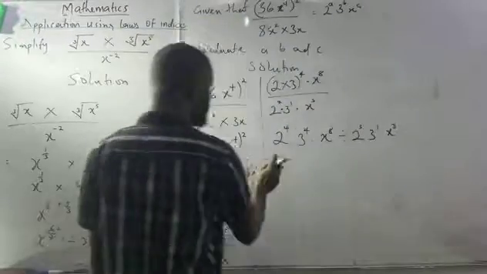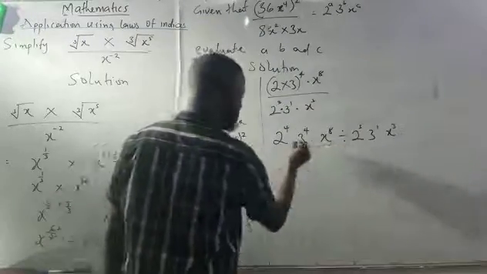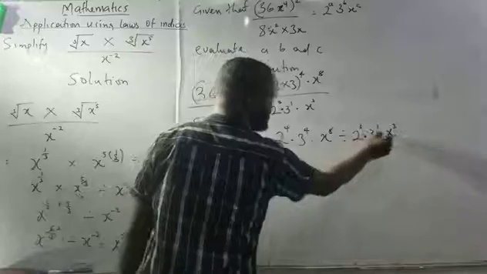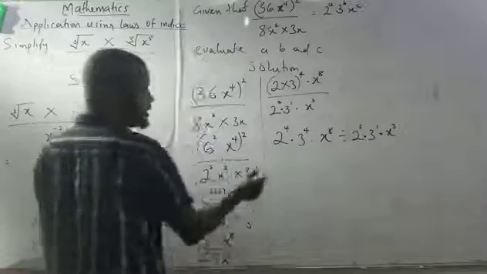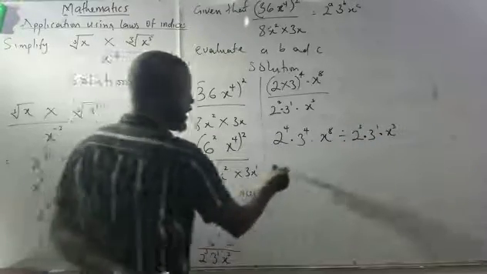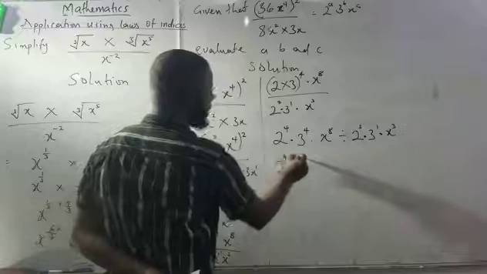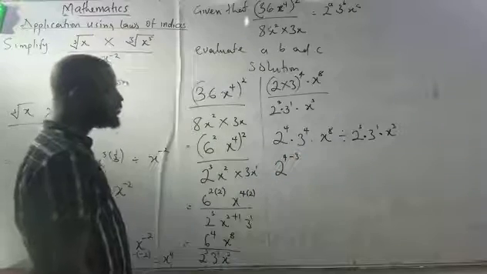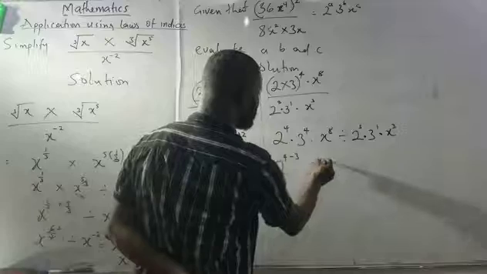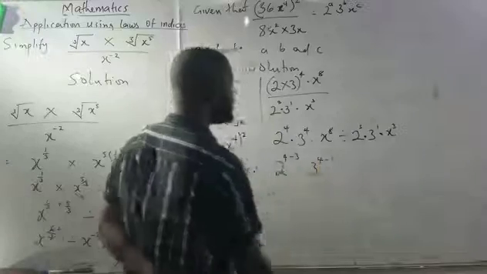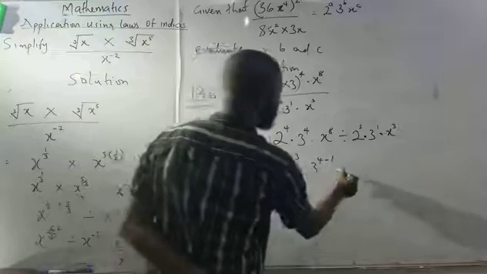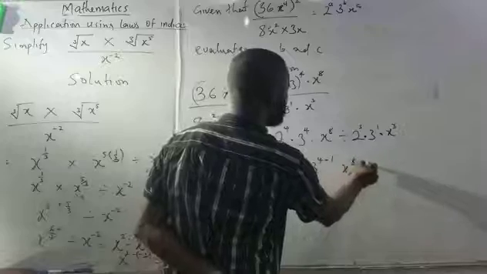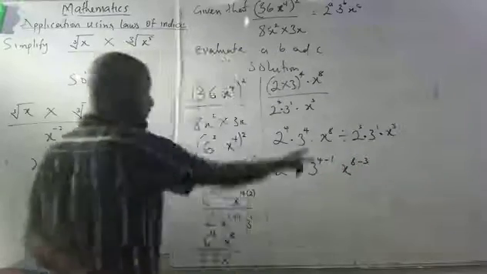Now, for me to move on, I can say that they are the same base. Don't forget that we are using multiplication. It means the dots represent multiplication. 2 raised to the power 4 minus 3, that's very good, and 3 raised to the power 4 minus 1 because of division, and x raised to the power 8 minus 3 because of division.